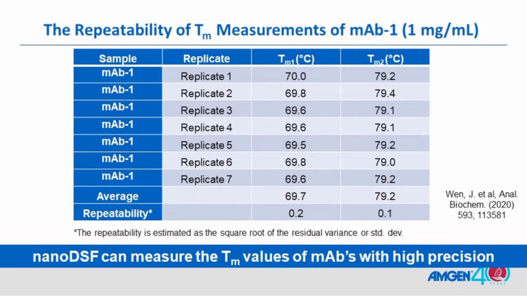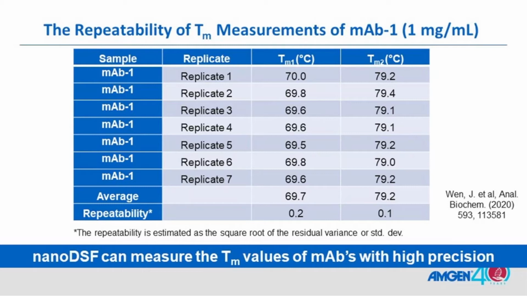Here is the repeatability of Tm measurements of a mAb. We did 7 replicates. The repeatability for Tm1 is 0.2 degrees Celsius. The repeatability for Tm2 is 0.1 degrees Celsius.